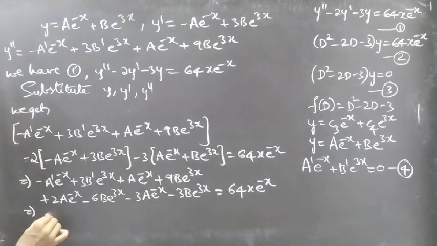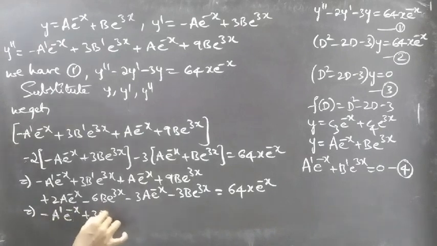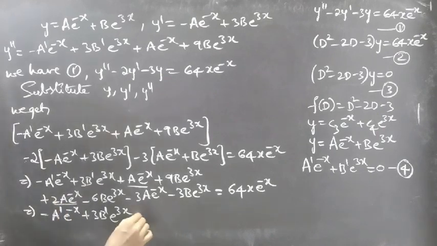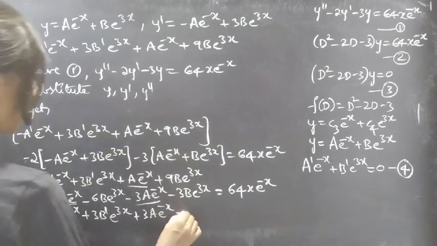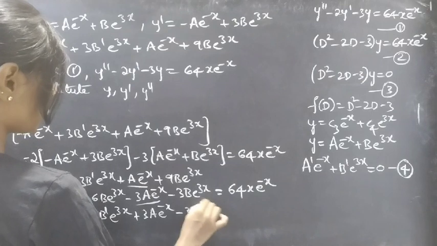This gives us minus a' e^(-x) plus 3b' e^(3x) plus a e^(-x) and plus 2a e^(-x) is plus 3a e^(-x), and we have one more, minus 3a e^(-x), right?